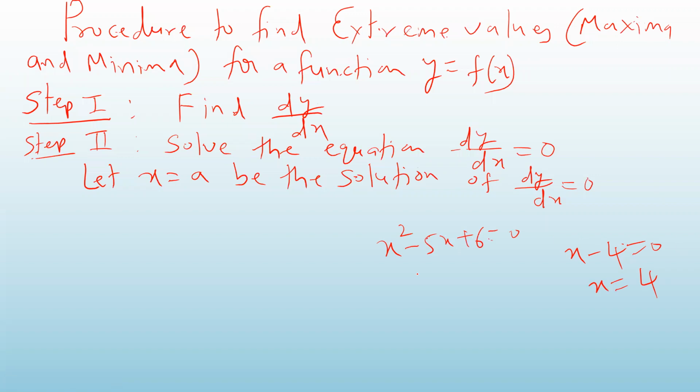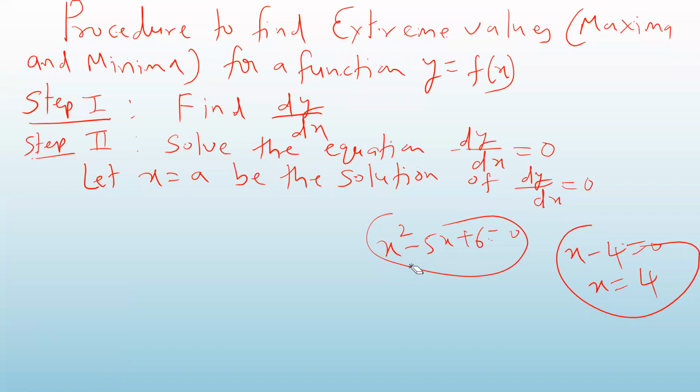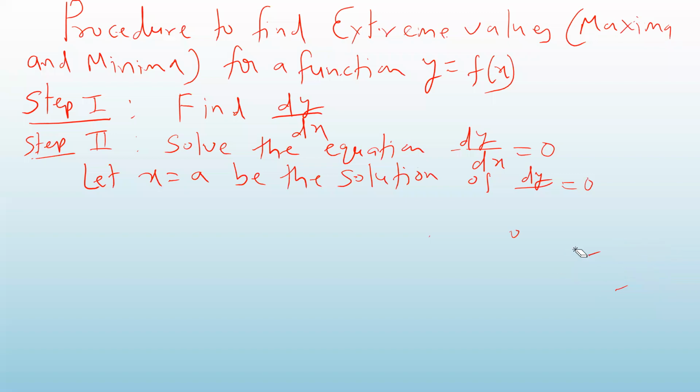So it all depends upon how you are getting the equation. If it is a linear equation, then you will have only one value of x. If it is an equation like this, then there will be two values of x. Whatever it is, you have to find the solutions of this equation dy by dx equal to 0.